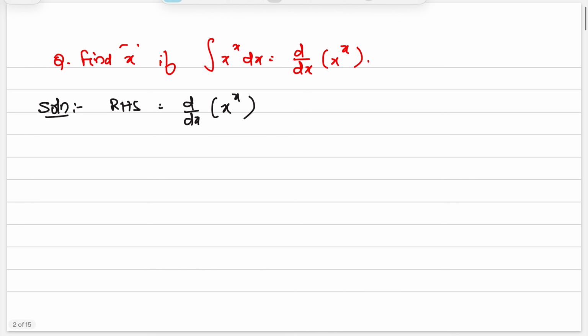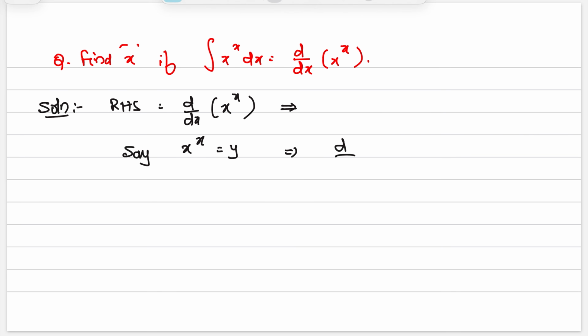Now, from the basics of differential calculus, we can get the value of d by dx of x to the power of x. I will explain how to get it. Let us say x to the power of x is equal to y.